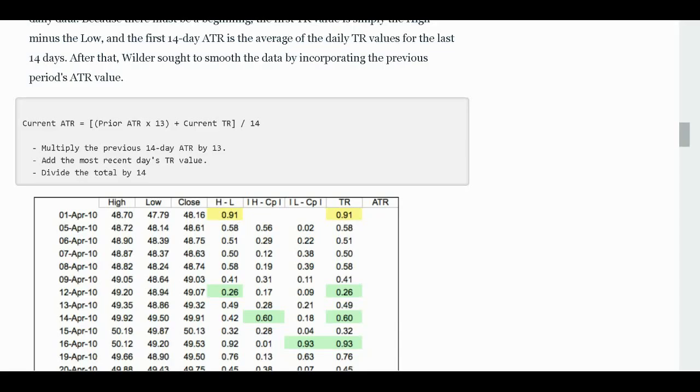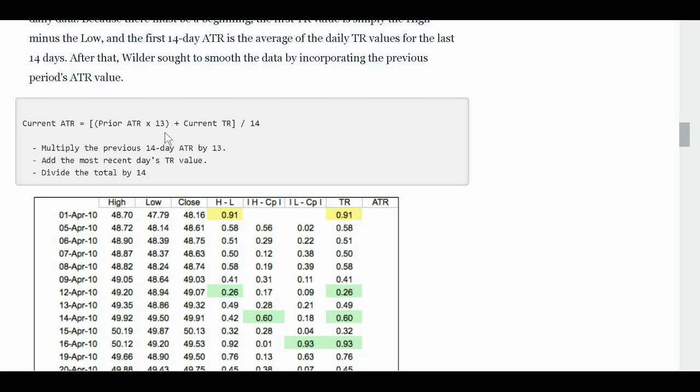First of all, we're going to look very briefly at the calculation, the formula, which is from stockcharts.com. I want to give them credit. There it is, in case you're interested in how to get the average true range. I think knowing the formula is not necessarily the most important thing.